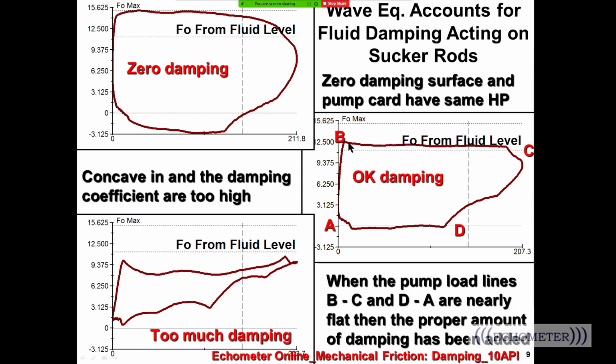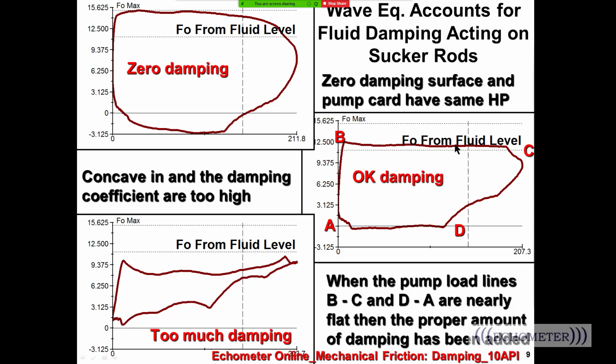That's what this pump card load represents. It represents a load that's being applied to the rods by the pump during the upstroke. And this represents the load being applied to the rods on the downstroke, and it should be close to zero because the traveling valve is open. So this is an eyeball-adjusted, perfect damping factor.